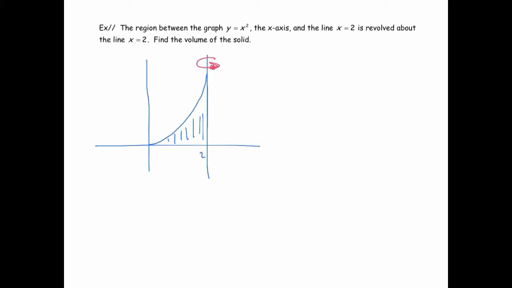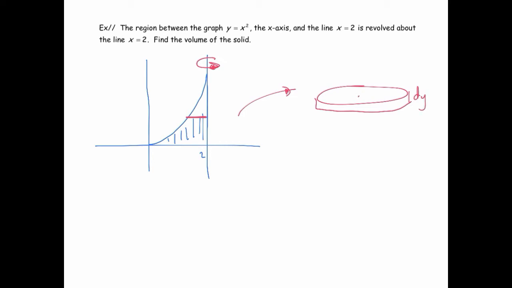Well, this time it makes sense to draw a horizontal rectangle. If we want this to be a disk, you always want your rectangle to be perpendicular to the axis of rotation. So we get a disk situated like this. Since it's a horizontal rectangle, we need to integrate with respect to y, so that's a dy.